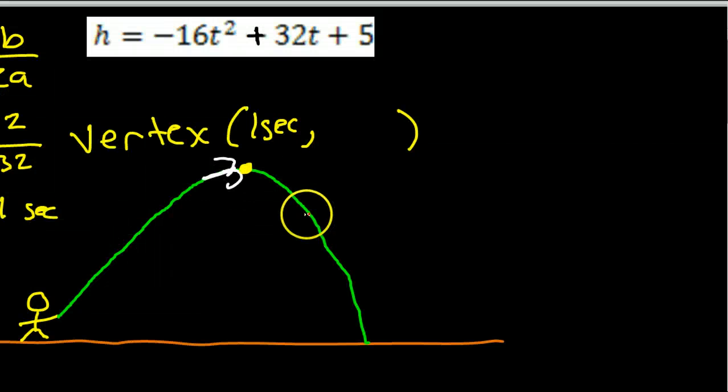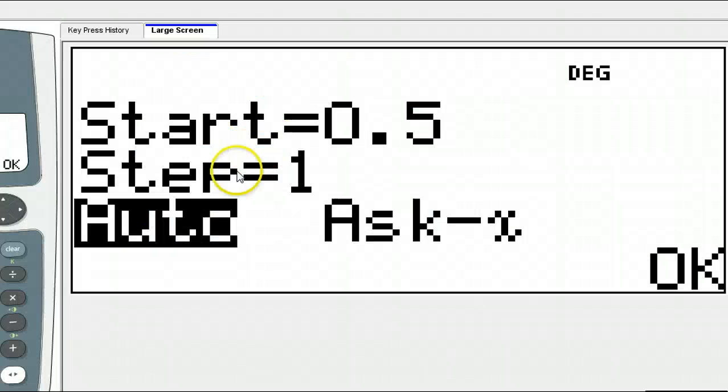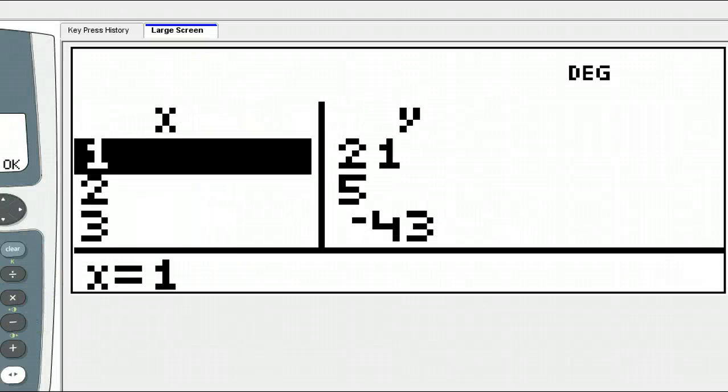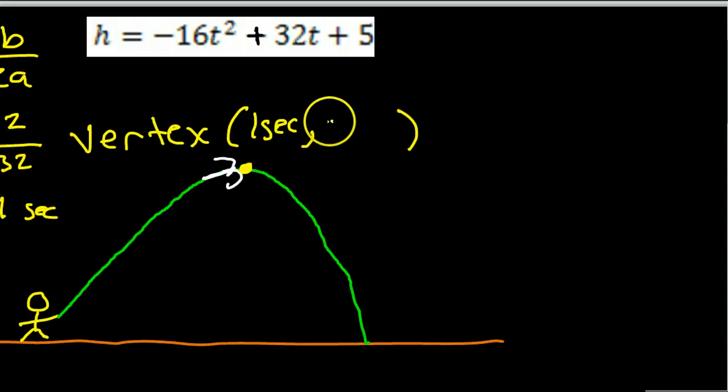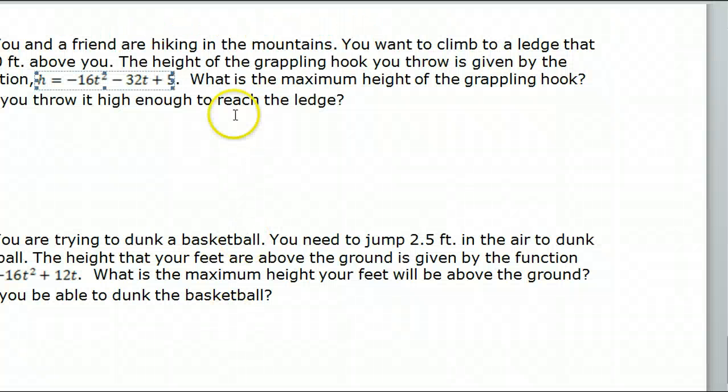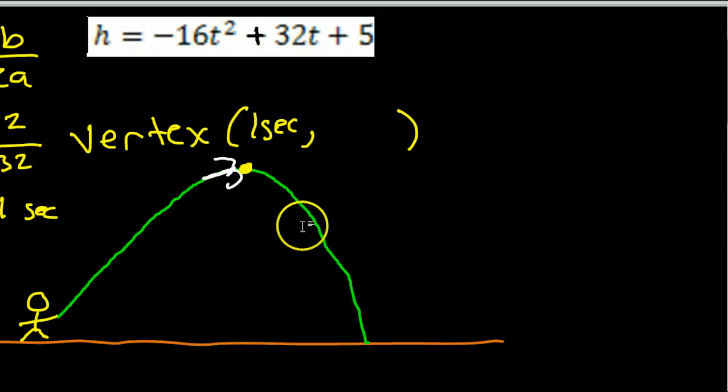Where do I start? I start at 1 because that's what I want to know about, 1 second. So I'll just start at 1. Okay, so after 1 second we are at 21 feet. Is this feet? Yeah, feet. So we are at 21 feet.